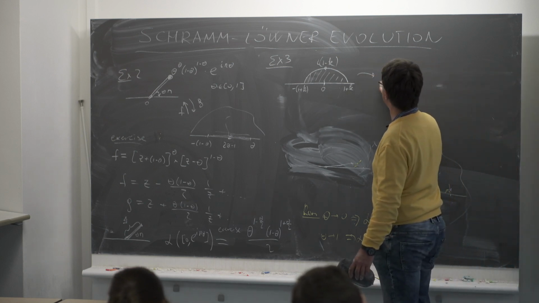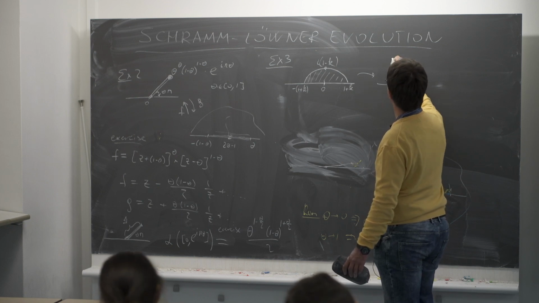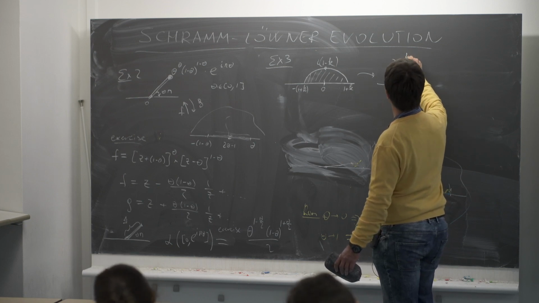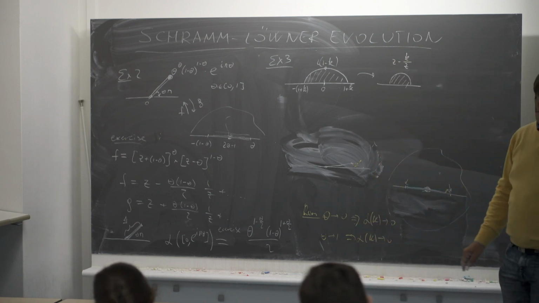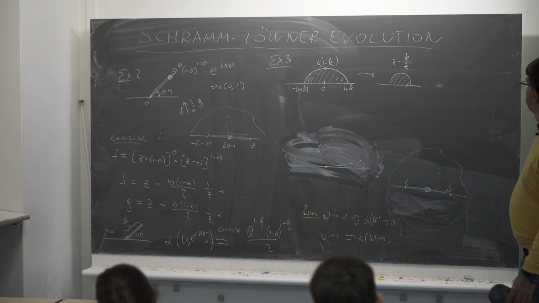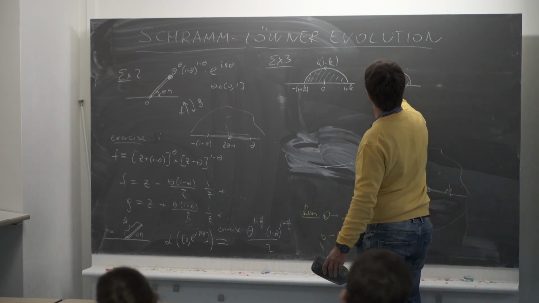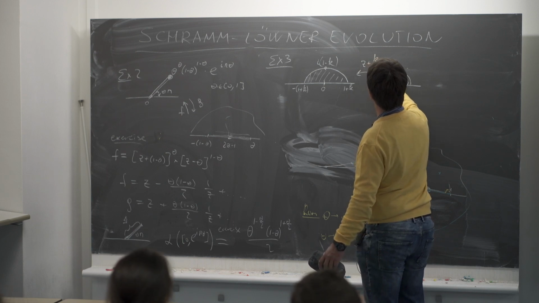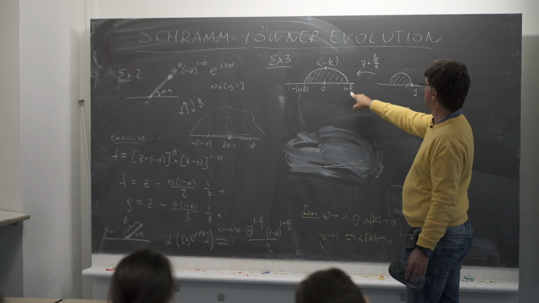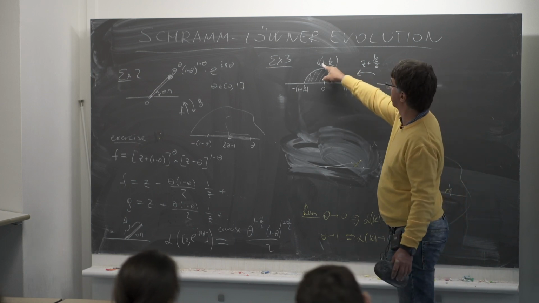And then you can map it to a circle by a map z minus k over z. Wait a second, no, this is the other way around. So this goes to map z plus k over z. It takes the point 1 to point 1 plus k and point i to point i minus ik.